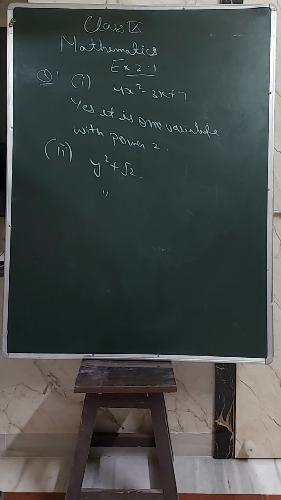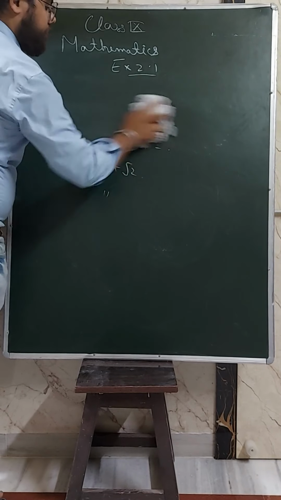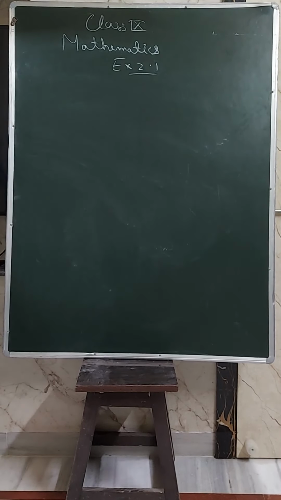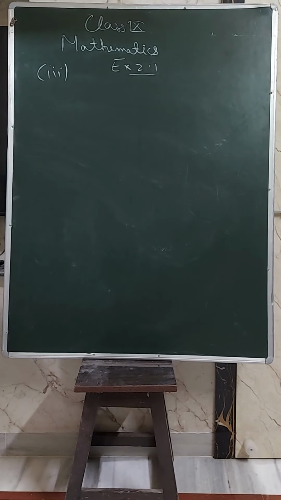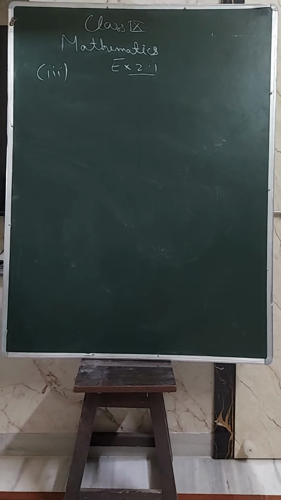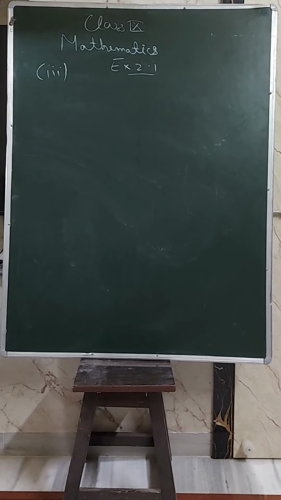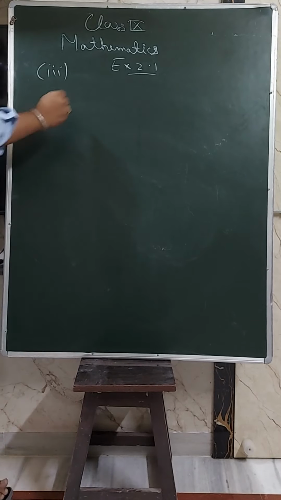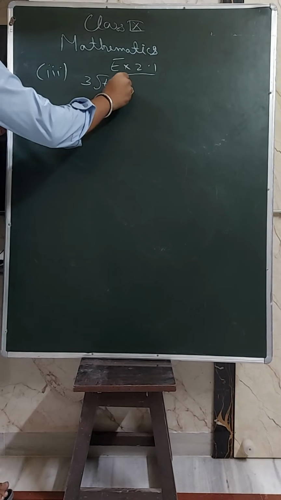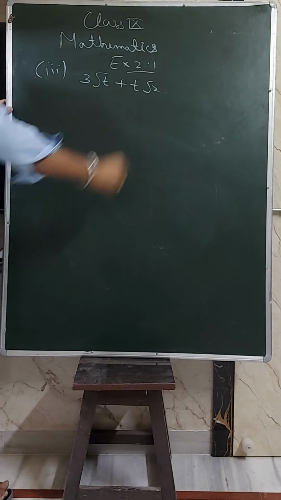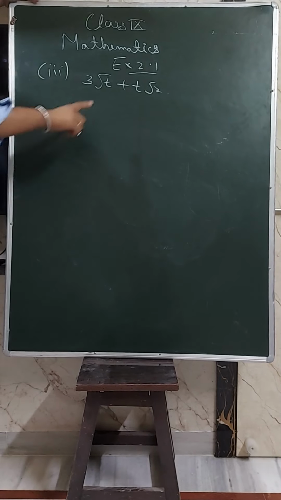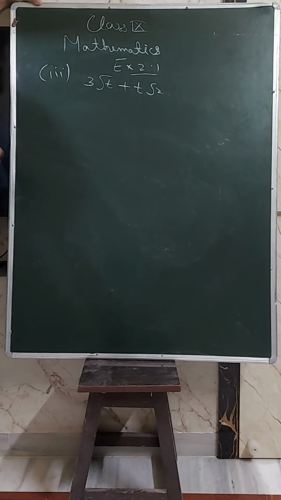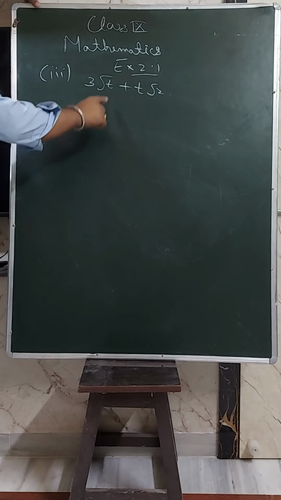Now we go for the third part. Third part is 3 root t plus t root 2. See the variables. How many variables are there? Only one variable is there, that is t. Now see the power of that variable.